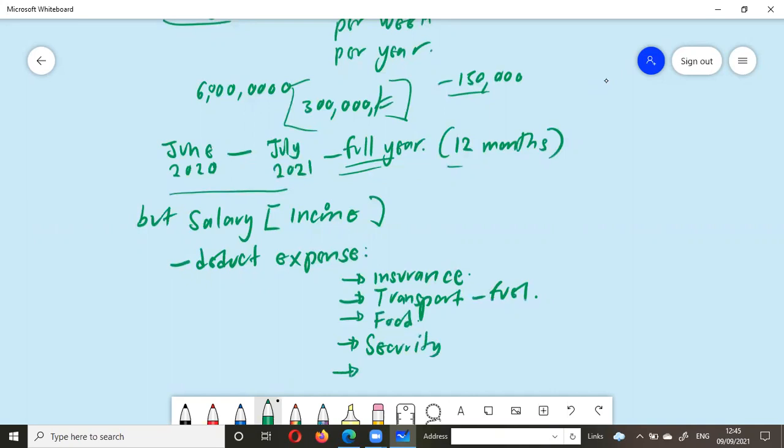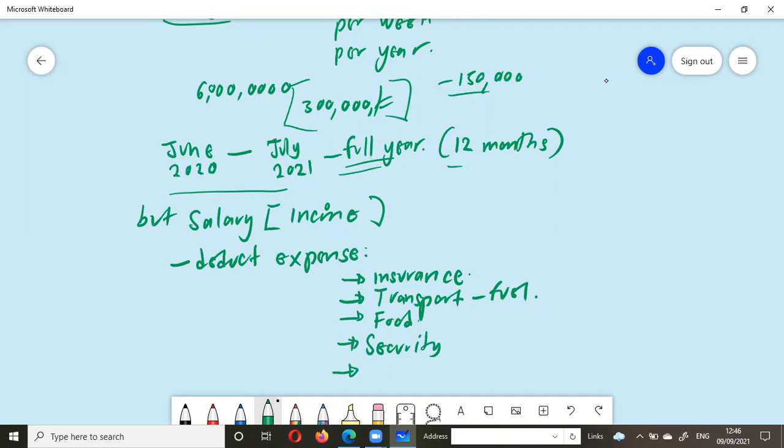What do you think is another expense? Which other expenses do you know? Where do you sleep? At home, no?